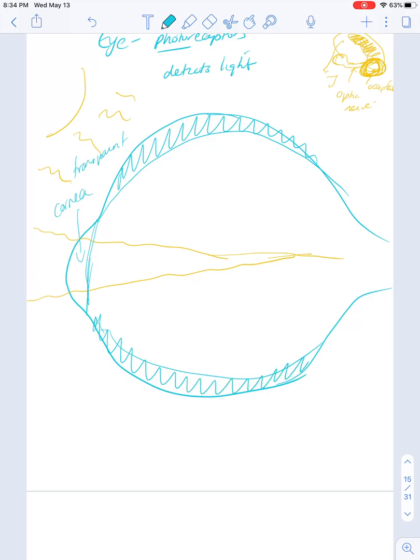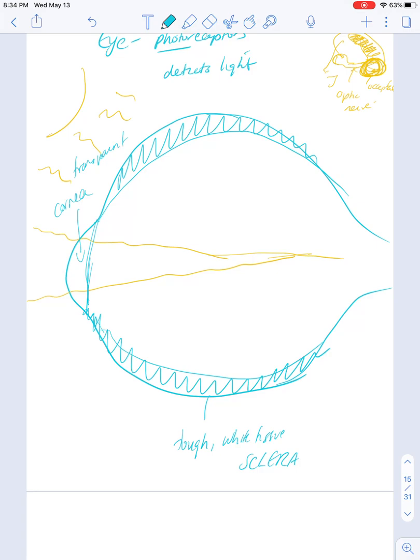It's tough white tissue, and it's called the sclera. So you can actually poke your sclera. Don't do it! I wouldn't recommend it, but if you took a finger and poked the white part of your eye, your sclera, you would feel that it was tough.